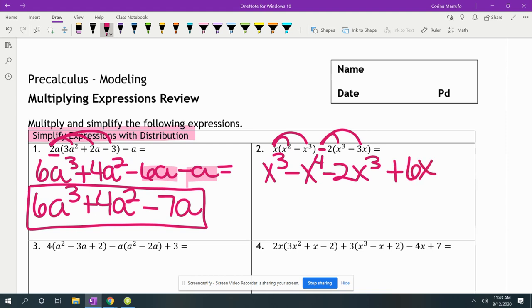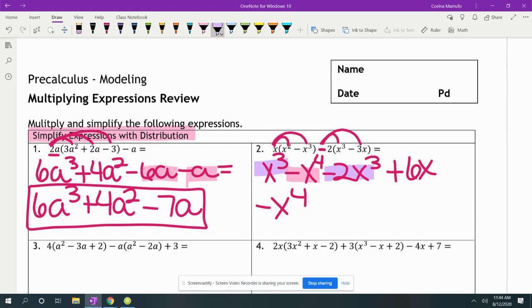Okay. And from there, we do the same thing like we did in the previous problem. We combine like terms. So we are going to write this negative x to the fourth power. We're going to write that first. And then we look for our next set of like terms. Our like terms here are going to be x cubed and negative 2x cubed.